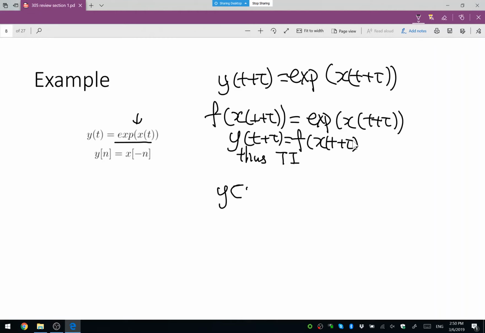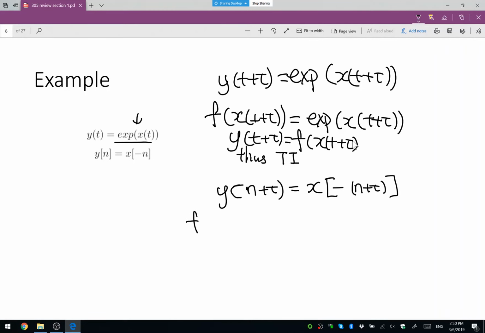That's easier. n plus tau: whenever you see an n, you change n into n plus tau. So I have x of minus, then this n is changed into n plus tau, inside the parentheses.